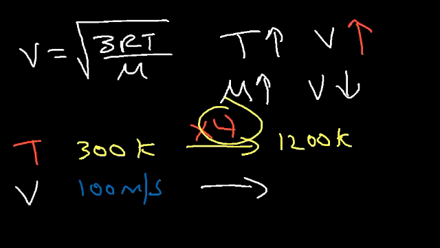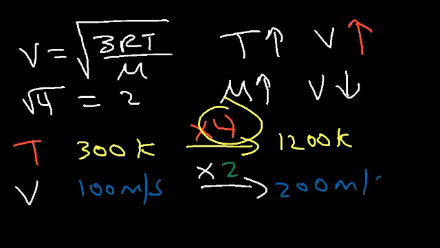So here we have a 4. The square root of 4 is 2. So the velocity is going to increase by a factor of 2. So it's going to double in speed. So if you were to increase the Kelvin temperature by a factor of 9, the velocity will increase by a factor of 3 because the square root of 9 is 3.